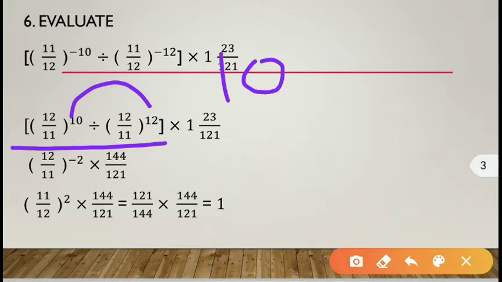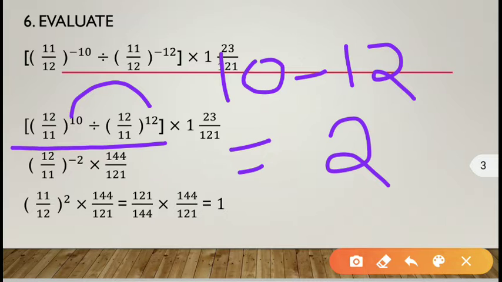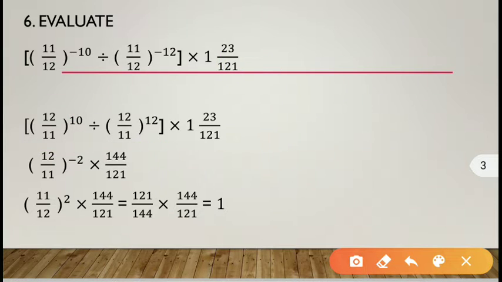When we subtract the powers, 10 minus 12, first of all this will give you 2, and 12 is greater than 10. And what is the sign of 12? The sign of 12 is minus, that's why it will give you minus 2. So 12 upon 11 to the power minus 2, and when you convert this mixed fraction, you will get this.